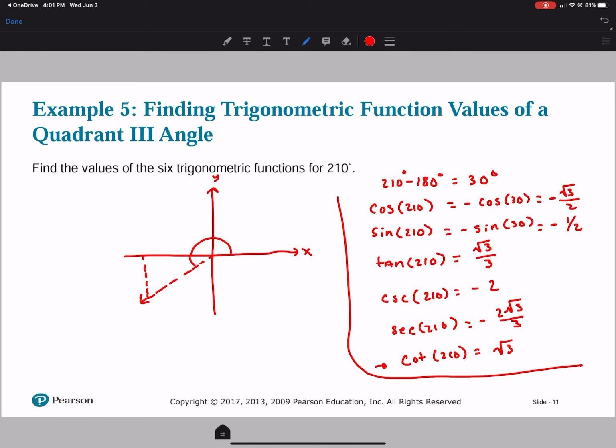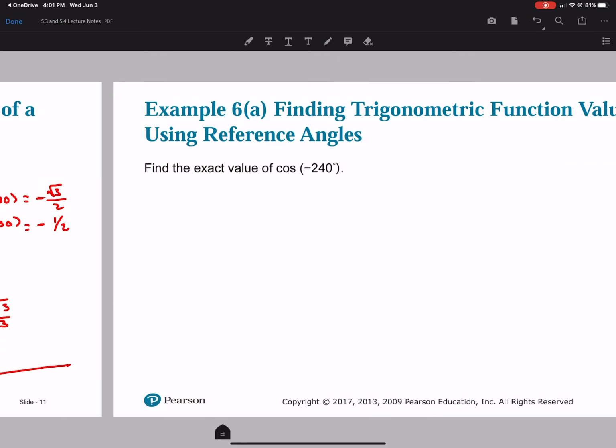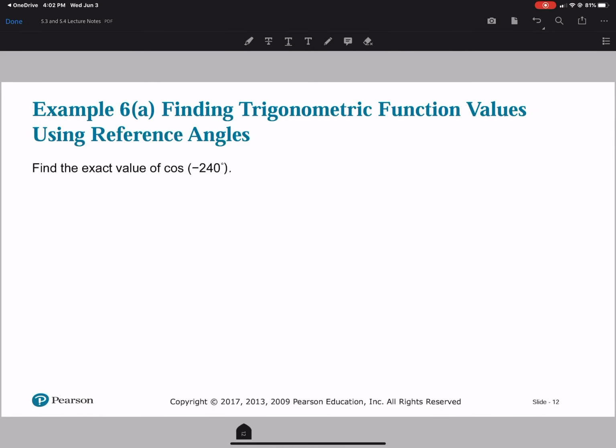All right, so let's look at this. It says find the exact value of cosine of negative 240. So we're looking at negatives.